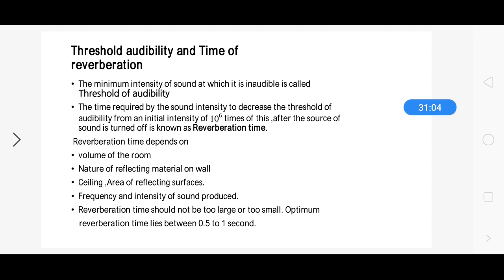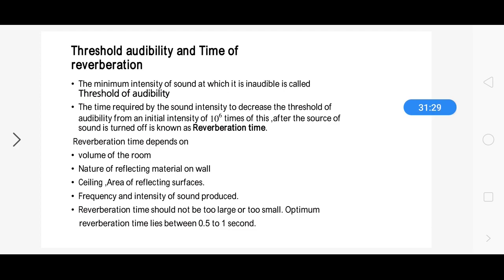What is the time interval between these two positions? That will be considered as the time of reverberation. The time required by the sound intensity to decrease to the threshold audibility from an initial intensity of 10 power 6 times of this, even after the source of sound is turned off, is called reverberation time.